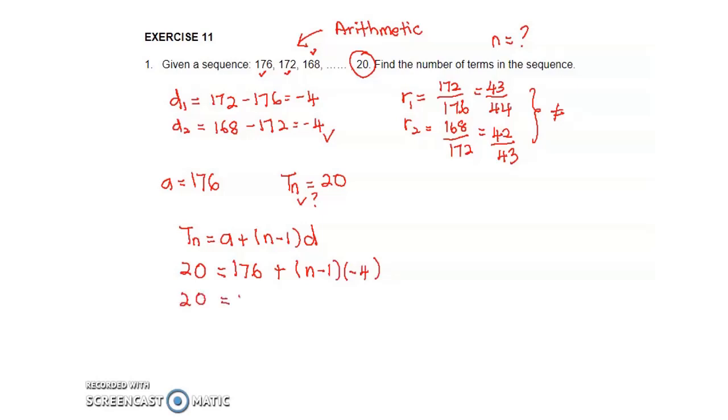So 20 equals 176 plus, n times -4 is -4n, and -1 times -4 is +4. Simplify this: 20 minus 176 minus 4 equals negative 4n. So this equals negative 160.